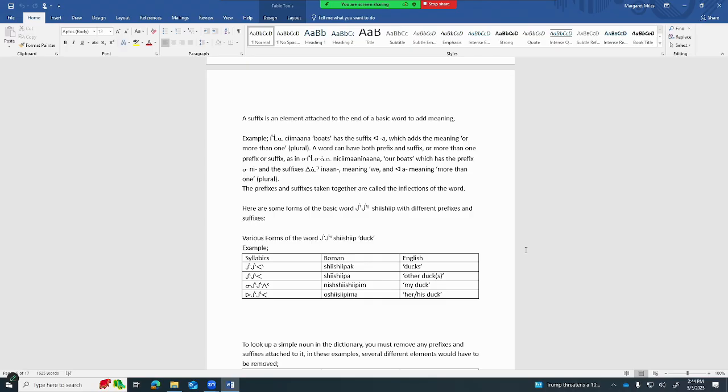Nishishibim, my duck. Oshishibima, her or his duck. So that's an example of various forms of the word.